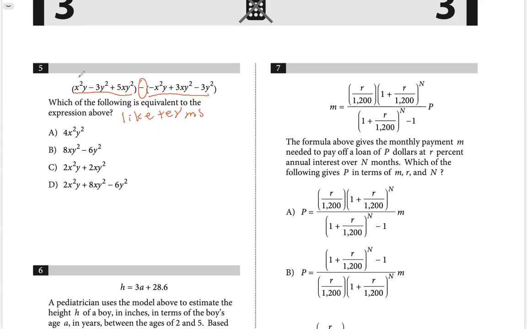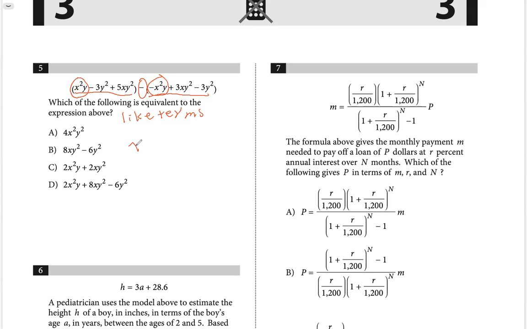So let's check. In the first group, we have x squared y. In the second group, we have negative x squared y. Yes, those 2 are like terms, because the variables are x and y, and x is raised to 2, and y is raised to 1. So those 2 are like terms. So let's write here.